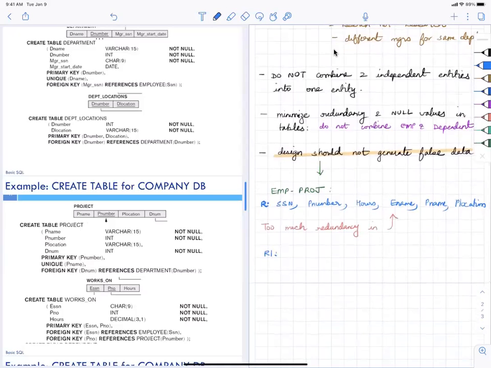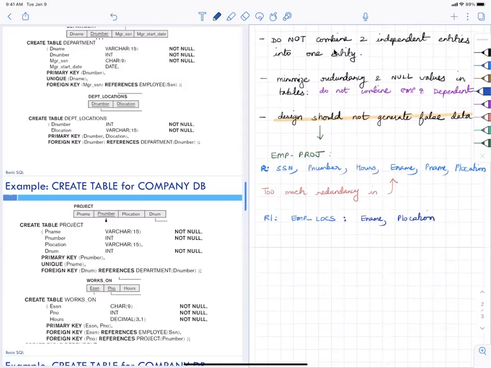R1 is table 1, which I'll call employee location. This table has the following attributes: E name and P location. Then I have table R2, which I'll call project locations.